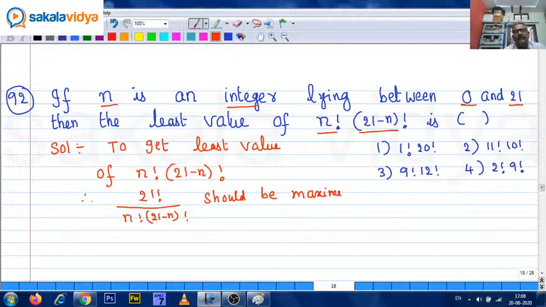It is in the form n factorial by r factorial into n minus r factorial, whose value is nothing but nCr, the formula for nCr. So that implies 21Cn should be maximum.